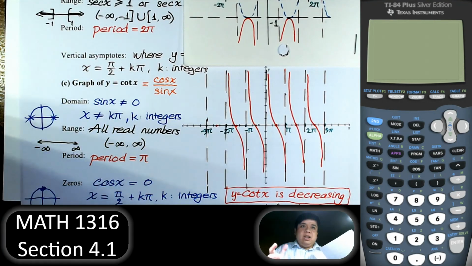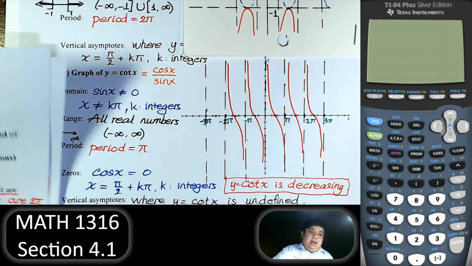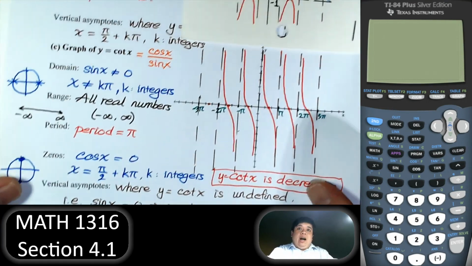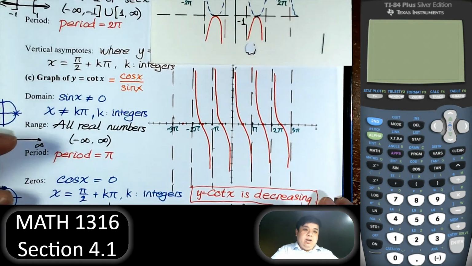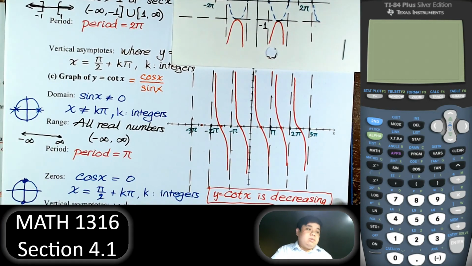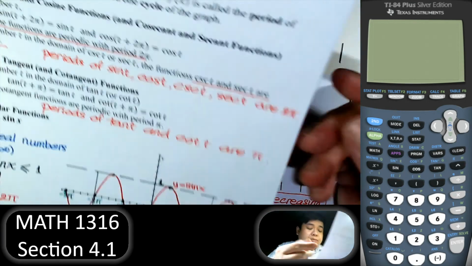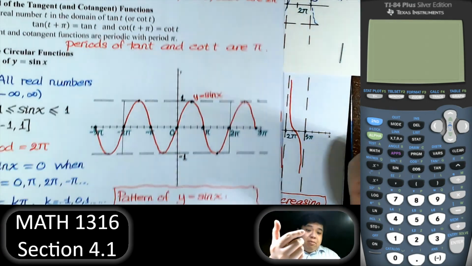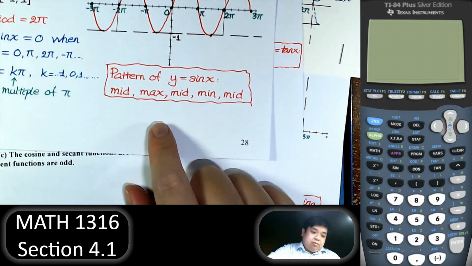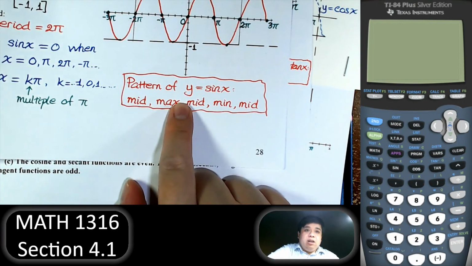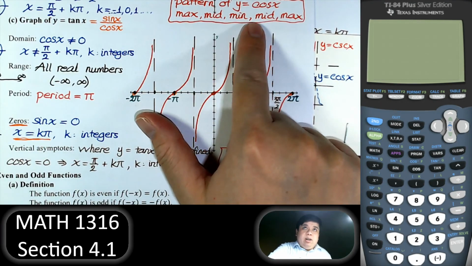So just the basics. In order to graph the function, we have to know the domain and range, the period, zeros where the function equals 0, or the asymptotes if there are any, and just keep in mind the pattern of sine, pattern of cosine.